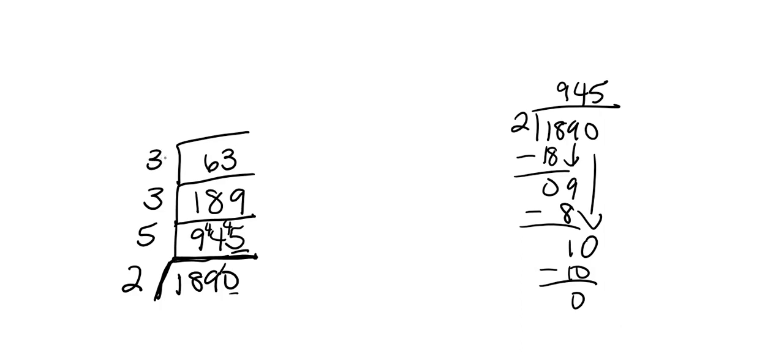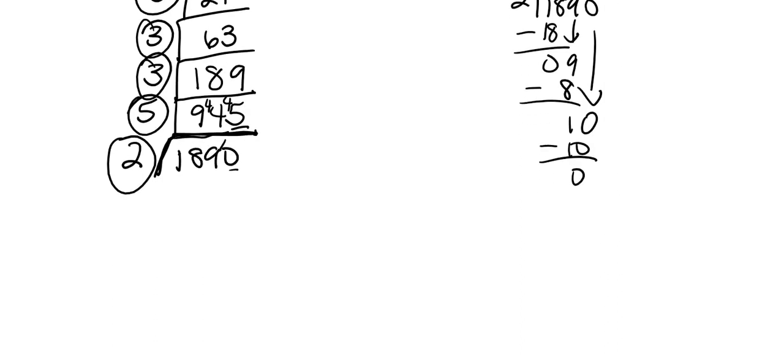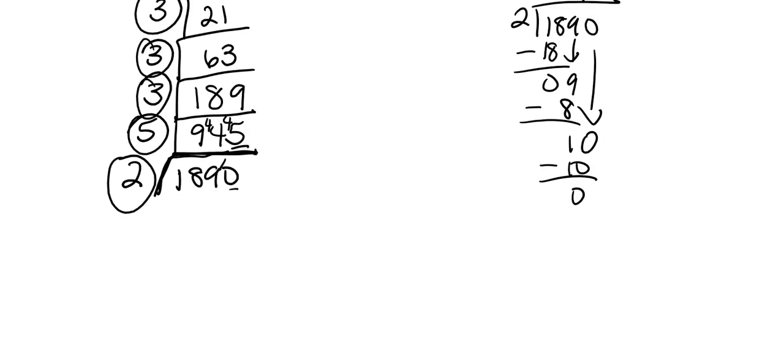Let's divide this by 3 again. 3 can go into 63 21 times, and 21 could be 3 and 7. So if we look at our prime numbers, it's all of these. We could represent this as 2 times 3 times 3 times 3 times 5 times 7.